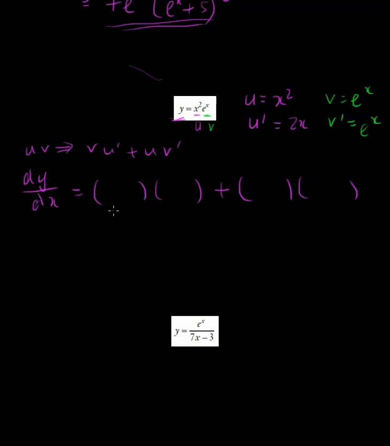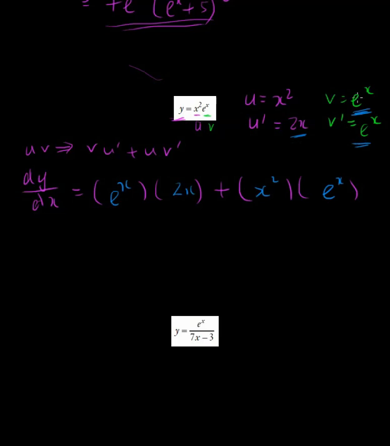It's important for you to put the brackets in, and then you can fill in the brackets with your component parts. This is my e^x, this is my v, and this is u dash, 2x. This is u, x squared, and this is v dash, e^x as well.